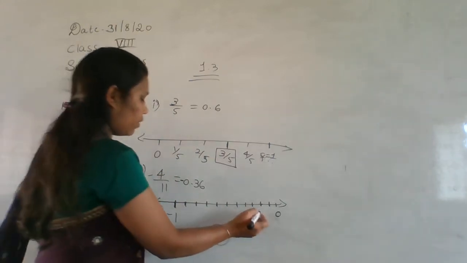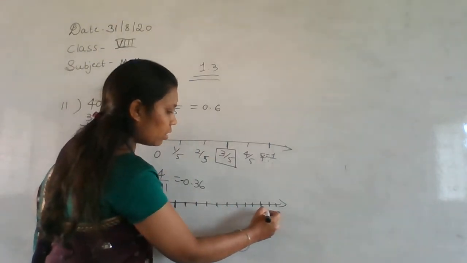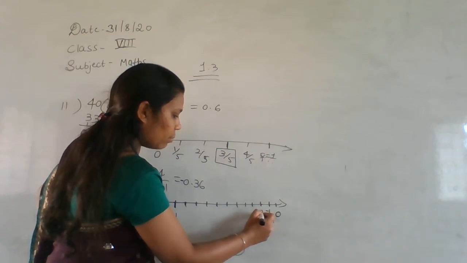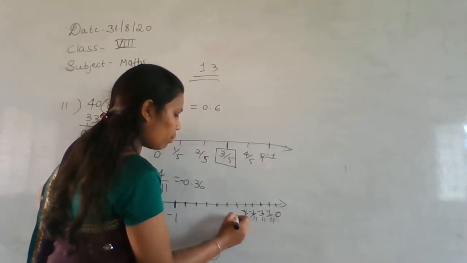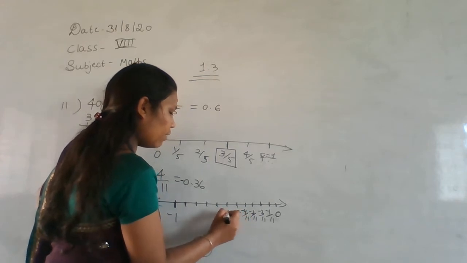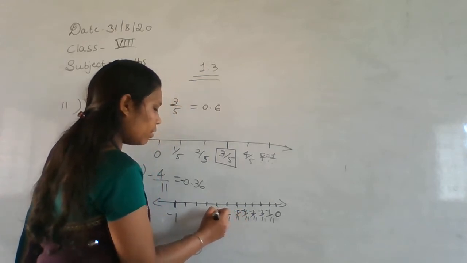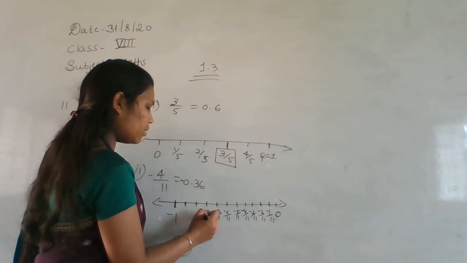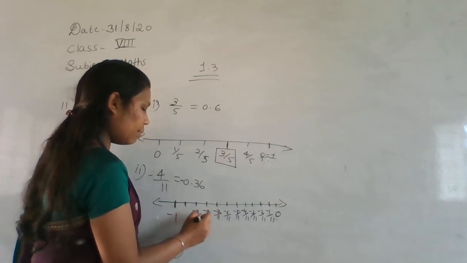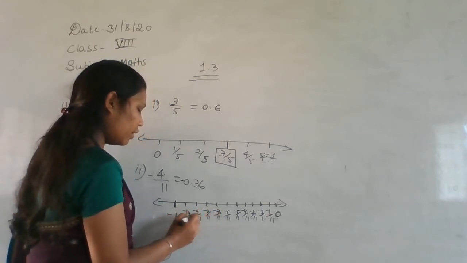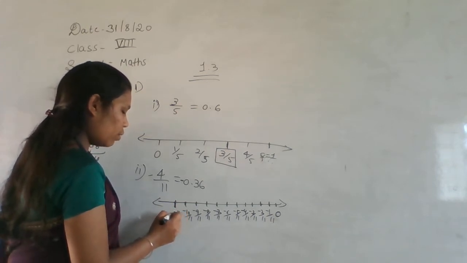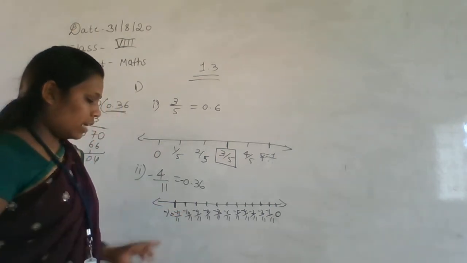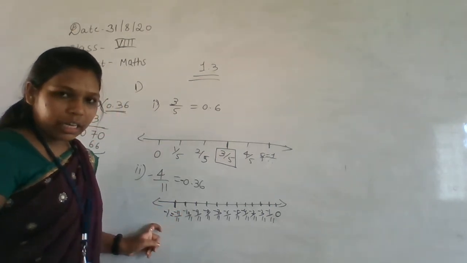So here the first number starts with minus 1 by 11, minus 2 by 11, minus 3 by 11, minus 4 by 11, minus 5 by 11, minus 6 by 11, minus 7 by 11, minus 8 by 11, minus 9 by 11, minus 10 by 11, and this is nothing but minus 11 by 11, that is equal to what here? Minus 1. Okay, 11 cancels, so we got minus 1 only.